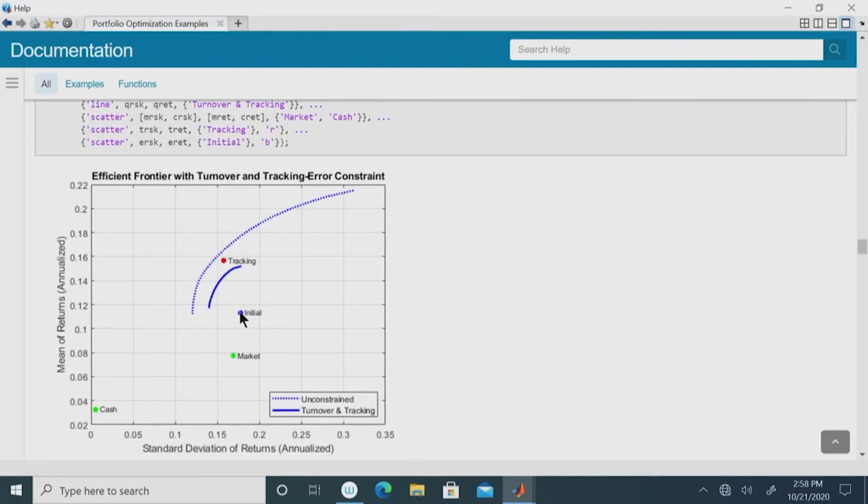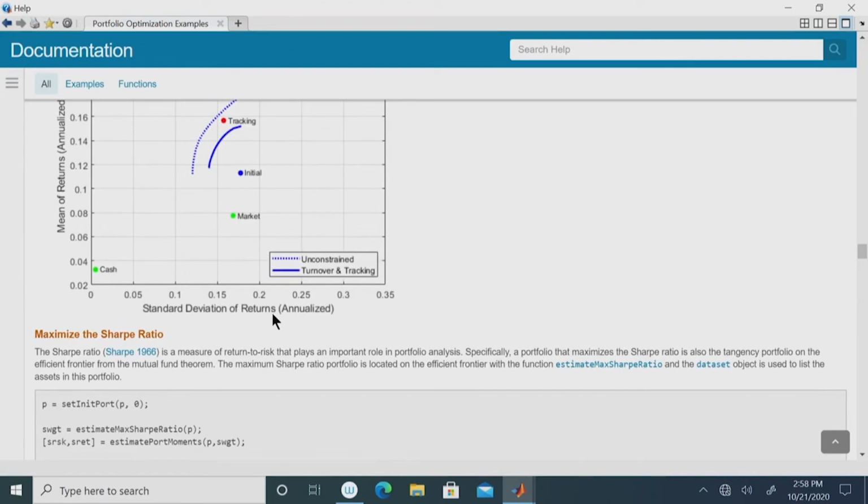Starting off with this initial portfolio, you are able to reach the tracking efficient frontier, which is determined by the constraint of the tracking error being no more than 5%. Those portfolios which satisfy the condition of 5% tracking error will constitute this significantly truncated efficient frontier that is given here in bold.